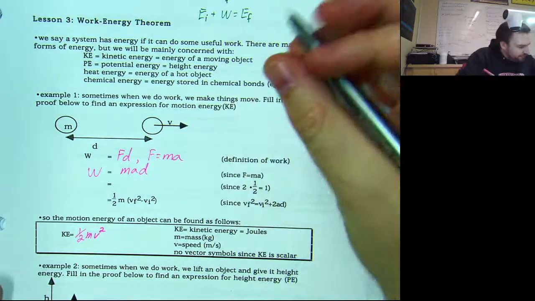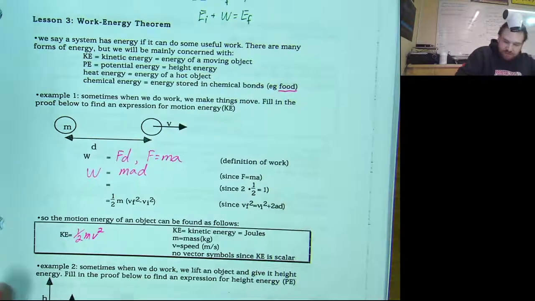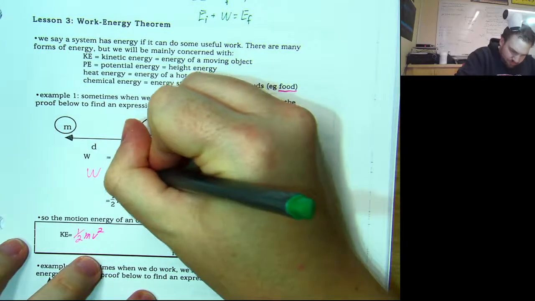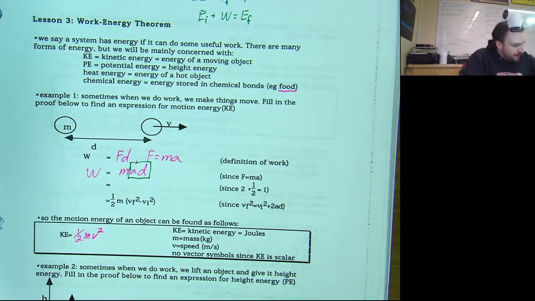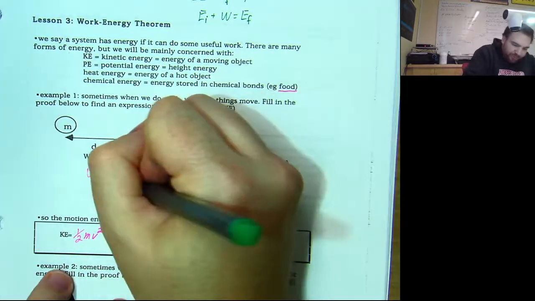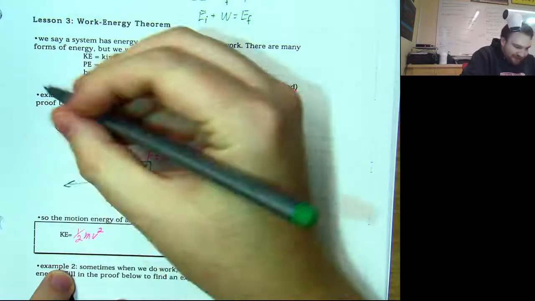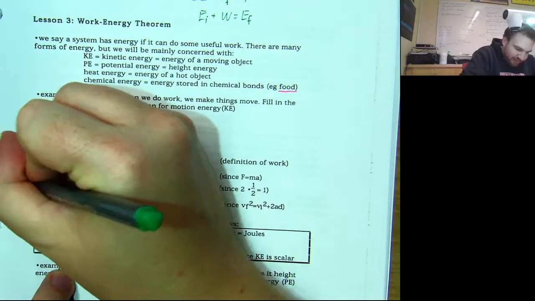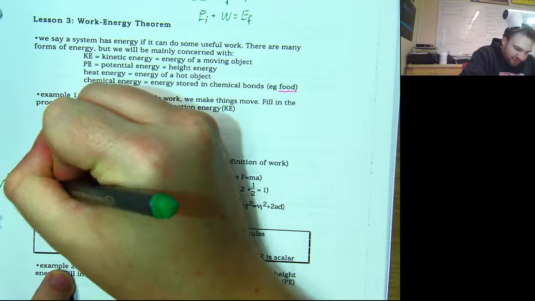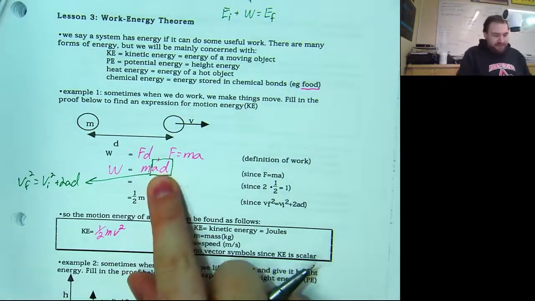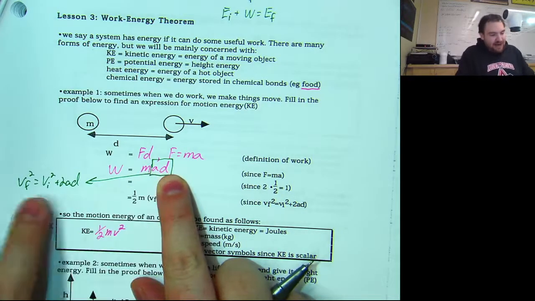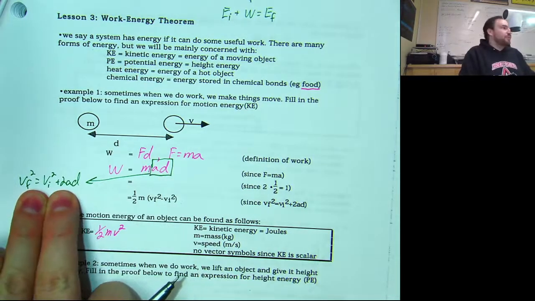There are a couple different expressions for this piece here. We're going to look at this expression here: Vf squared equals Vi squared plus 2ad. Okay, so this ad piece here, we're going to connect it to Vf squared equals Vi squared plus 2ad.